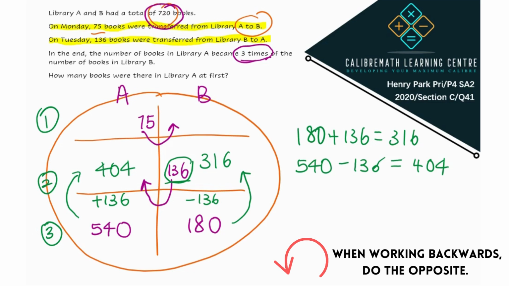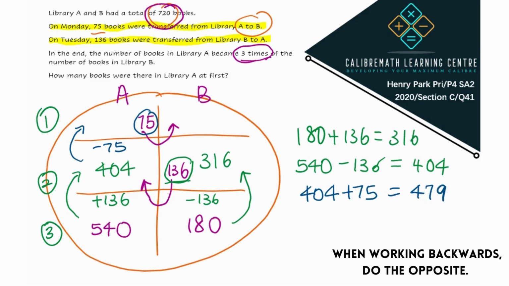Between level 2 and level 1, we know that Library A transferred 75 books to Library B. So that will mean that Library A decreased by 75 books. And so to work backwards for Library A at first, we will use 404 to add the 75 that it transferred. So that will give us an answer of 479.